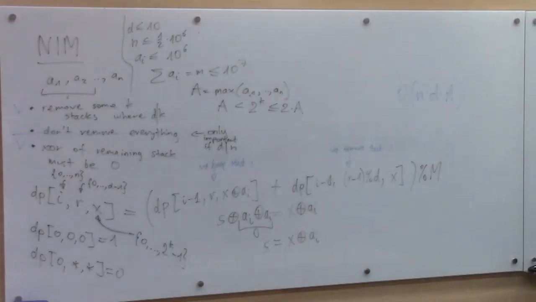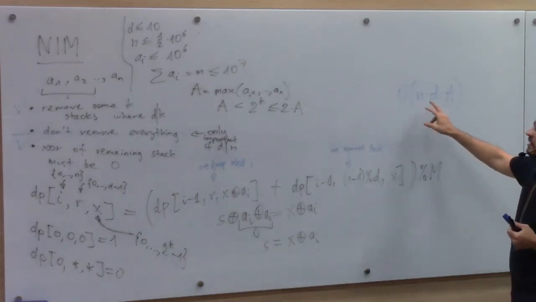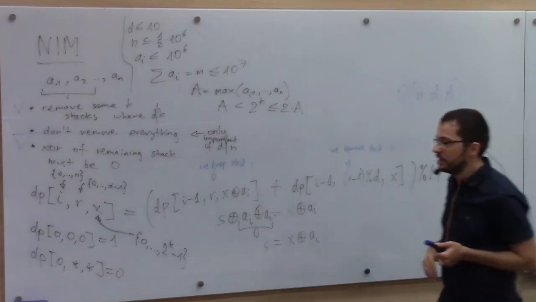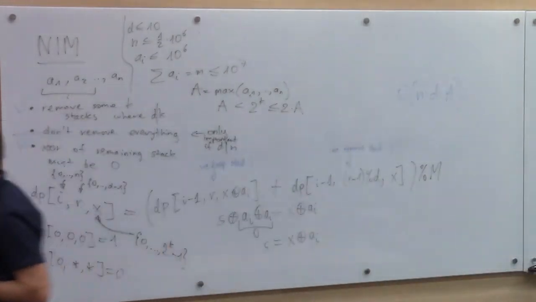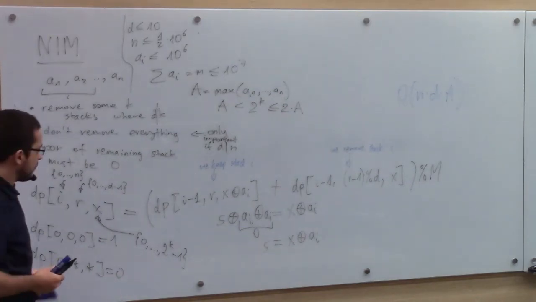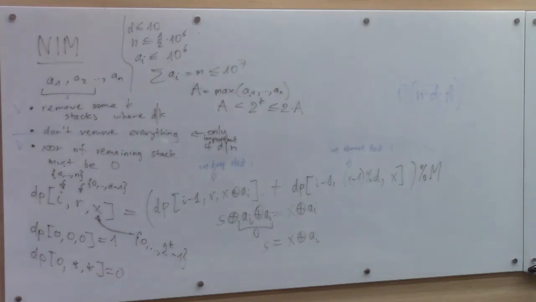So, in terms of time complexity, this is pretty much too much, because n is up to a million, and also a will be up to a million. So this is something which will be too much for us. Okay, so how to speed it up?